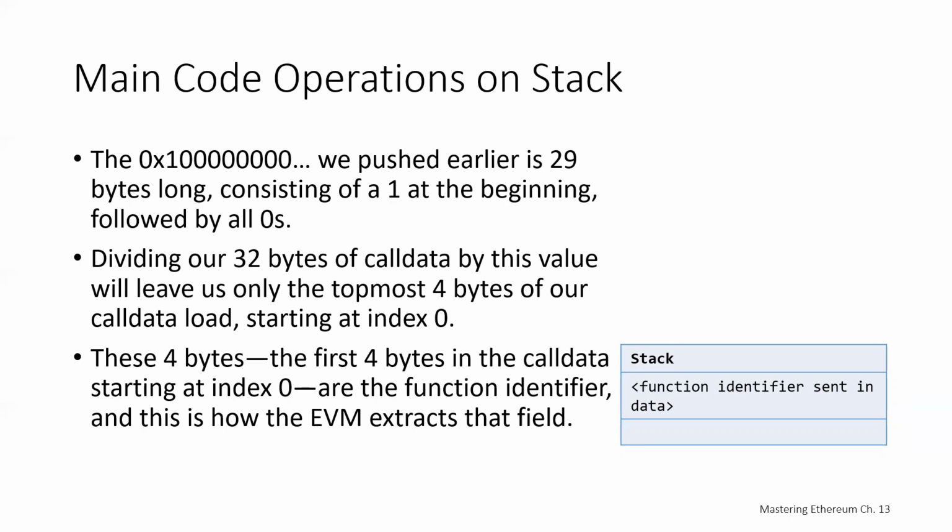Dividing the 32 bytes of call data by this value essentially drops off everything except the top 4 bytes of the call data load. Those first 4 bytes of the call data are our function identifier. And so that's how the Ethereum Virtual Machine identifies the function identifier field, by just doing that division.